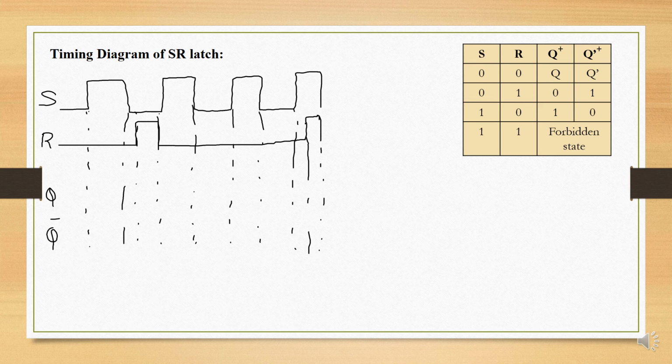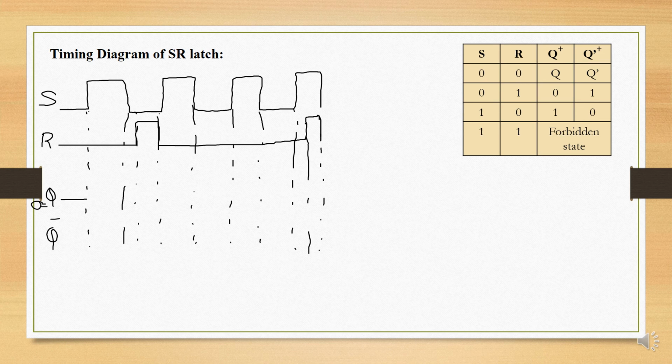So let us first plot for Q. Let us assume the previous state of Q to be 0 here. So let me start for every timing instant. First timing instant, we have S as 0 and R as 0. So when S is 0, R is 0, Q will retain its previous state, that is 0.